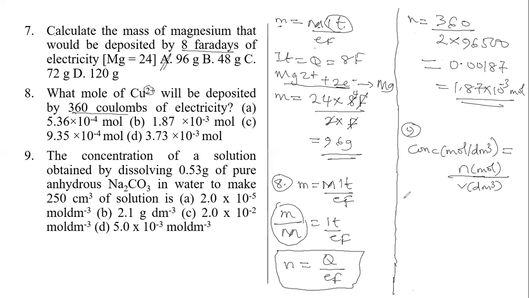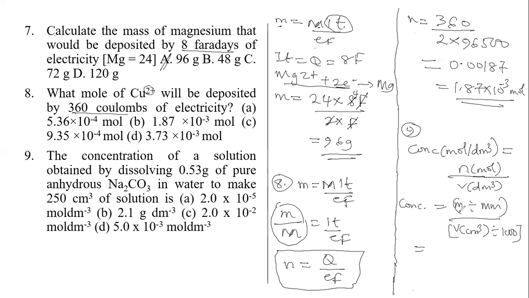You can remember that mole is equal to mass divided by molar mass, and volume in dm cube is volume in cm cube divided by 1000.